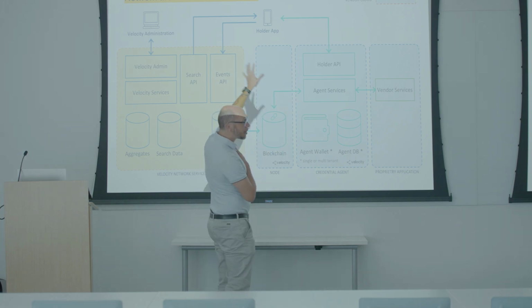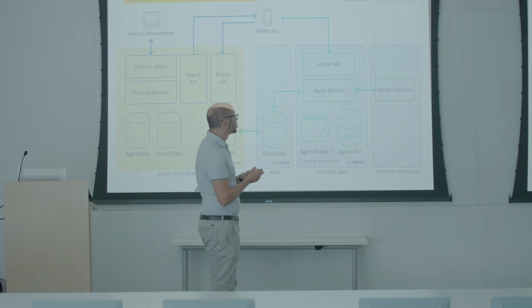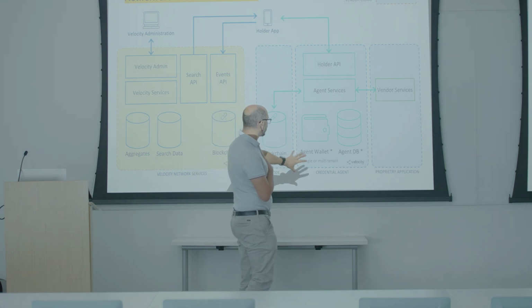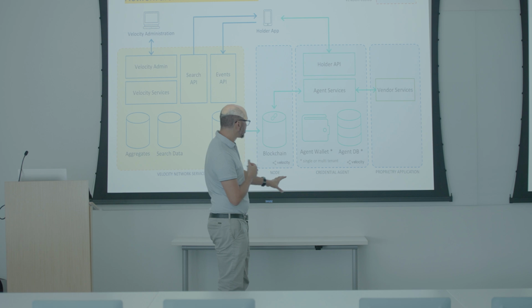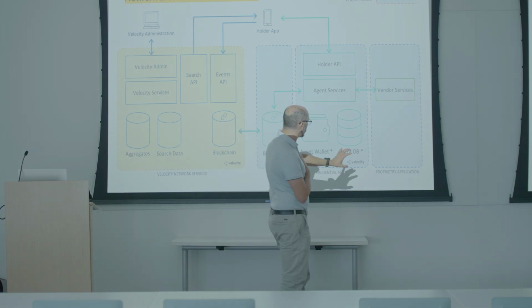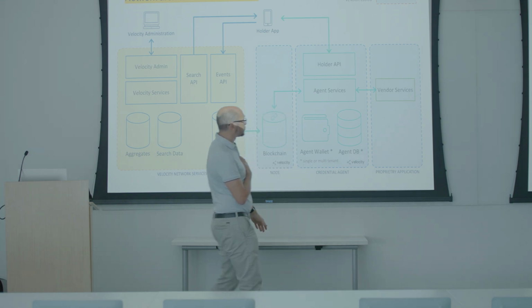You obviously have the holder app, which you've seen demonstrated by John earlier today. And then finally, the other major pieces that we provide are the blockchain node, which we're going to talk about a bit more, and the credential agent itself.